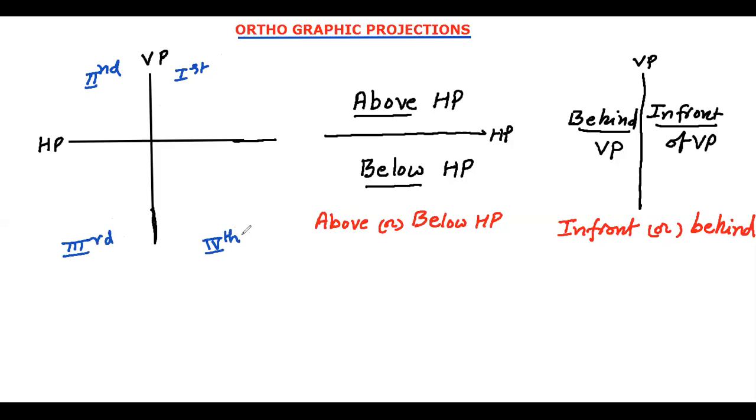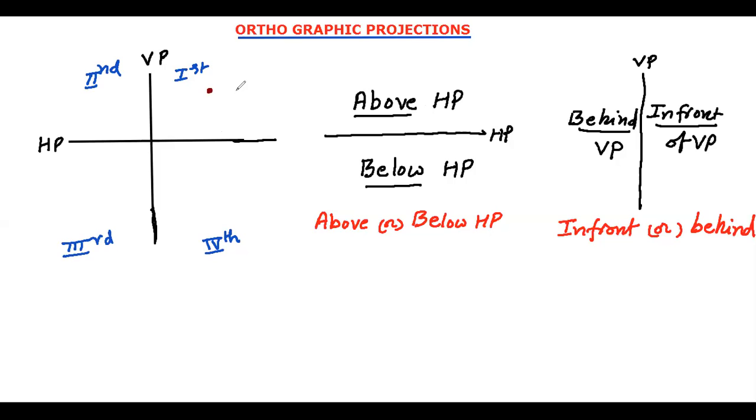Now, suppose there is a point here in the first quadrant. How am I going to define this point? With respect to HP, it is in this space. So whenever you have a point located here with respect to HP, it is above HP.